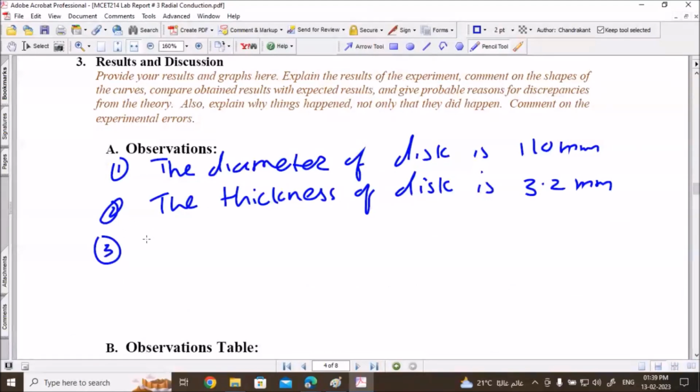And number three, the distance of thermocouples from the center.